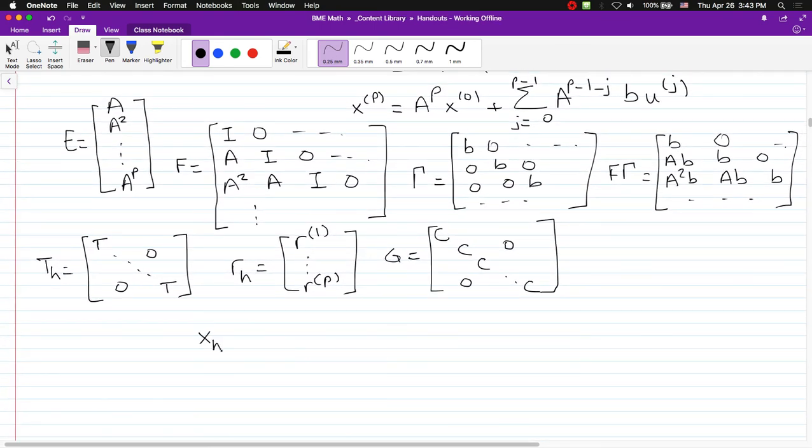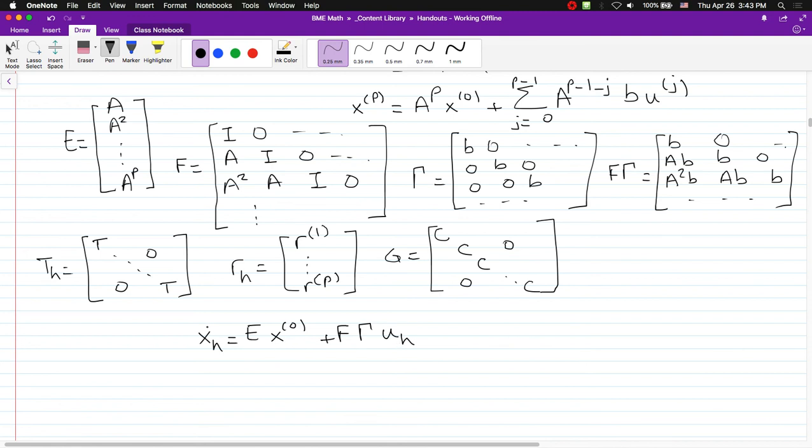X, its history from time point 1 to time point N, can be written as the matrix E times the initial state x0 plus F times gamma times UH.